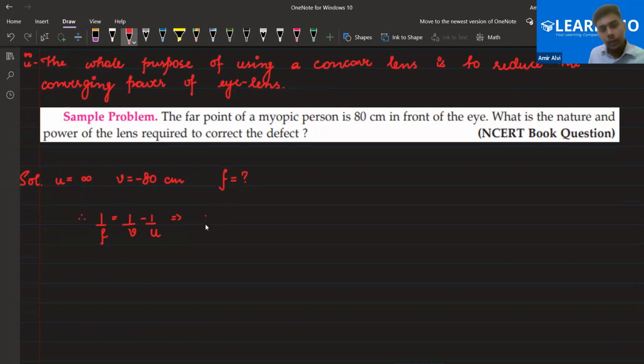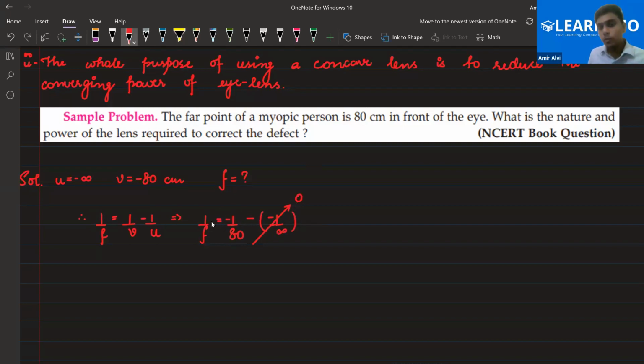So 1 by f की वैल्यू आपको फाइंड आउट करनी है शाजिल। और कितना हुआ है ये, 1 बाय -80 माइनस ऑफ 1 बाय इंफिनिटी। नेगेटिव ही ले लो इसको भी, प्रॉपर साइन आ जाएगा। देखो 1 बाय इंफिनिटी शाजिल 0, the value of 1 by infinity is 0. ठीक है, प्लीज डू रिमेंबर दिस थिंग, राइट? Yes.